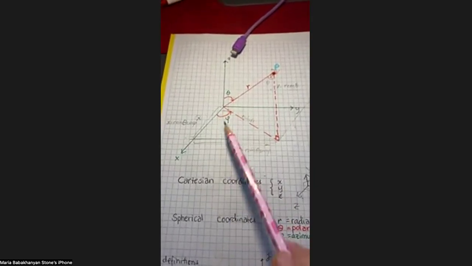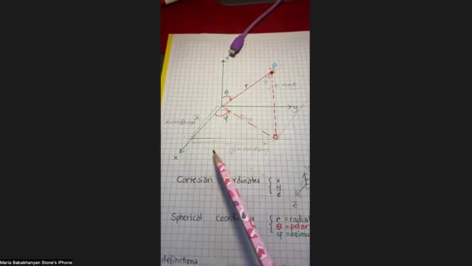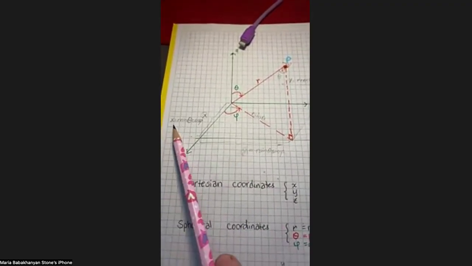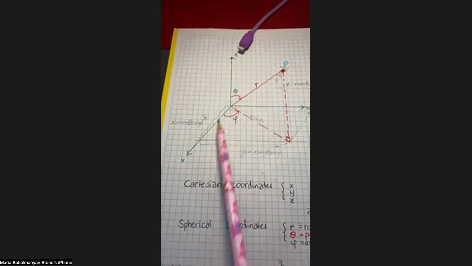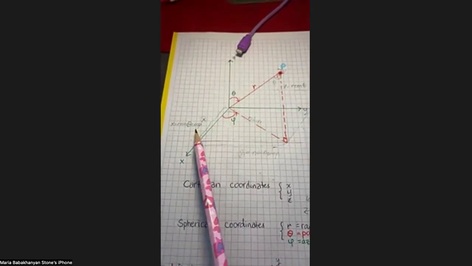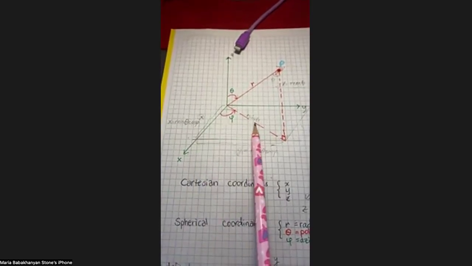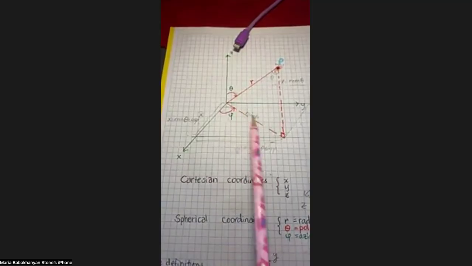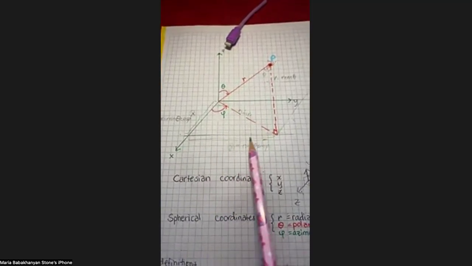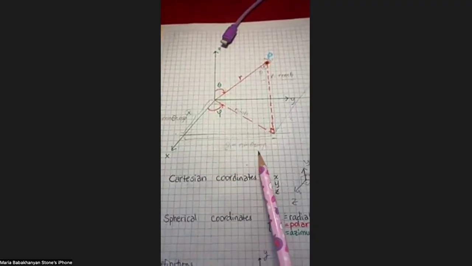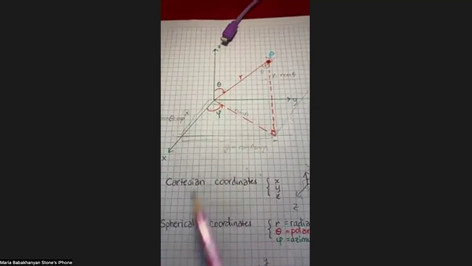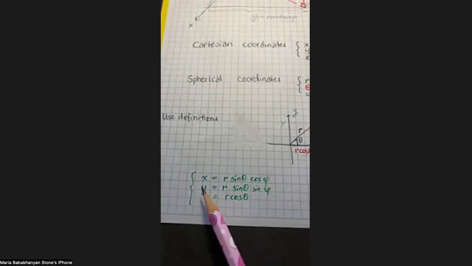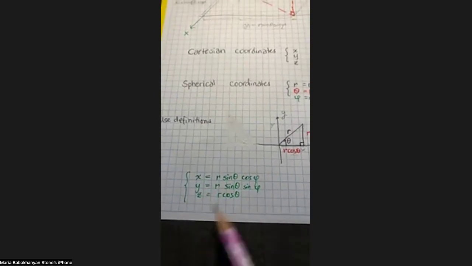So you can then use the angle phi to get your x coordinate transformation, which is, since this is adjacent to phi, cosine phi times r sine theta, the value of this line. And then this is in front of phi, so it is sine phi times r sine theta for the y coordinate. Okay, and I wrote it here nicer, bolder, so for XYZ, you can have these transformations.